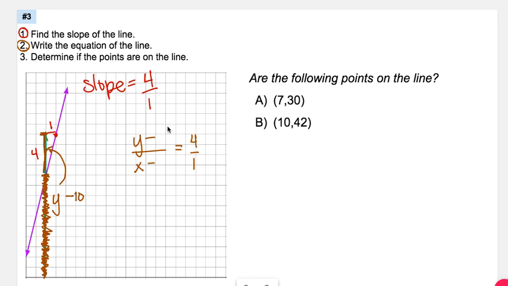So that's y minus 10 units. These are the 10 that I just got rid of.